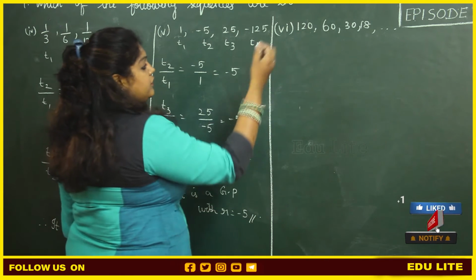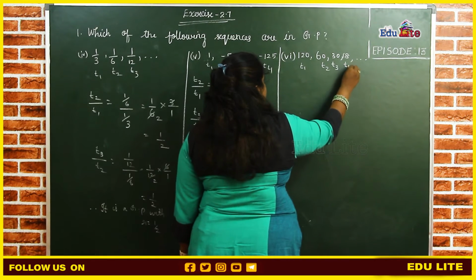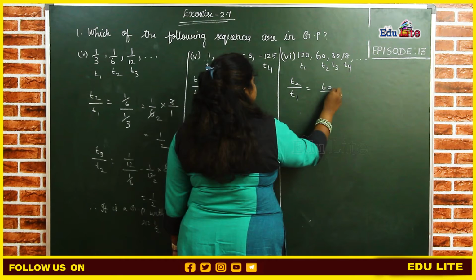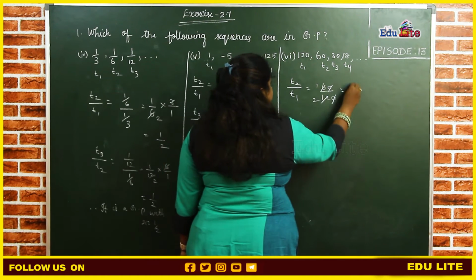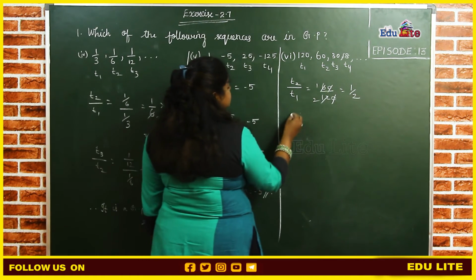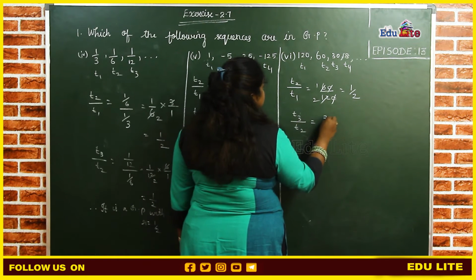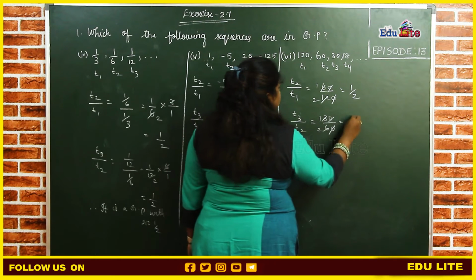Next, we will do it for the sixth option. T1, T2, T3, T4. T2 by T1 which is 60 by 120, 1 by 2. We will do it for the next two consecutive terms. T3 by T2, 30 by 60, 1 by 2.